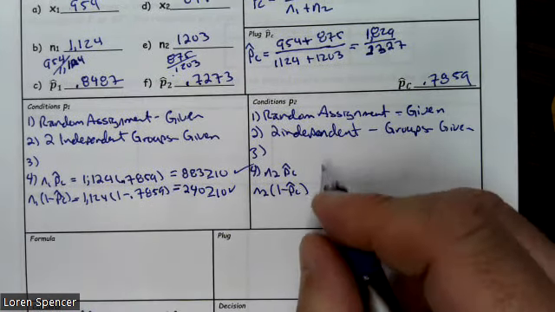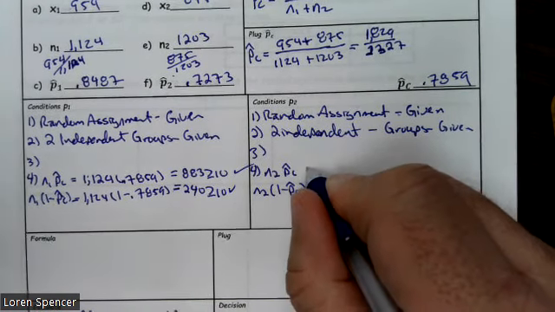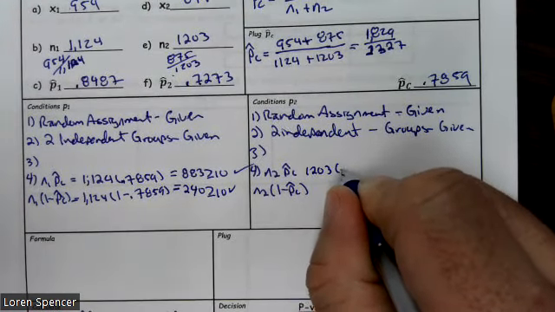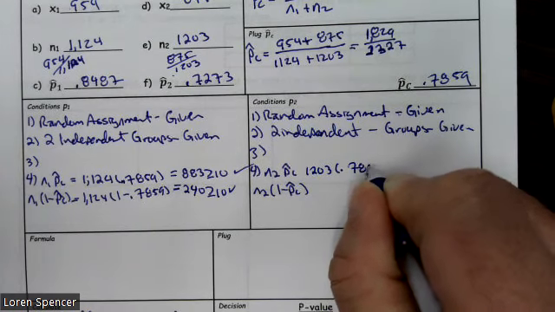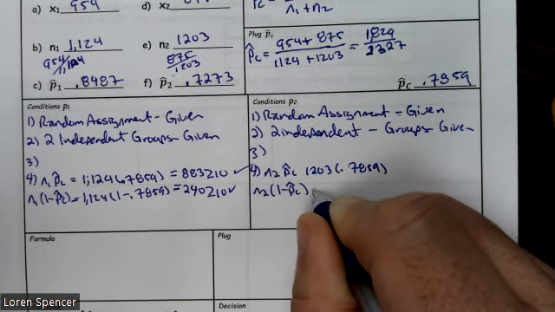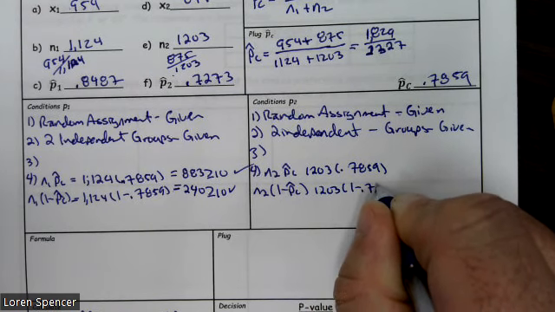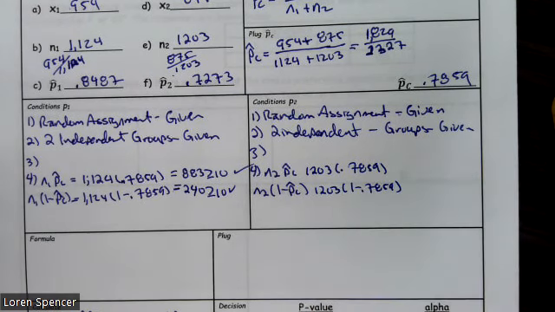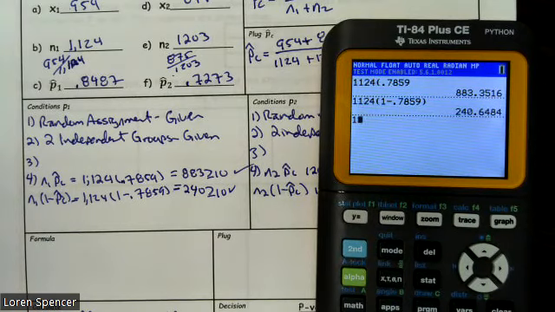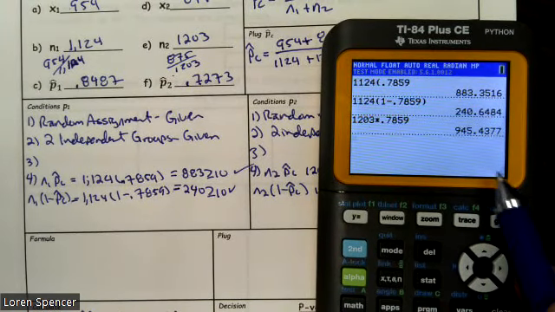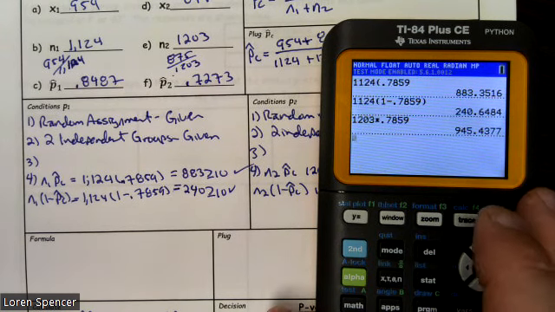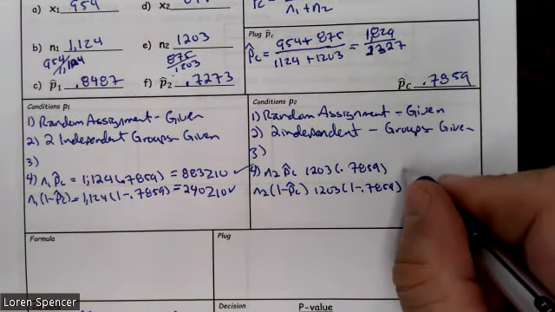On the other side, we have 1203 times 0.7859. And here we have 1203 times 1 minus 0.7859. And we get 945, which is plenty big.